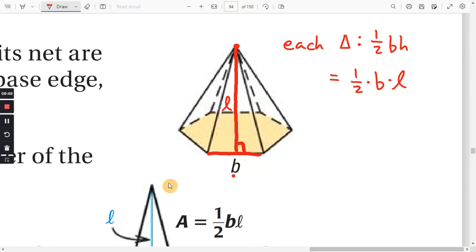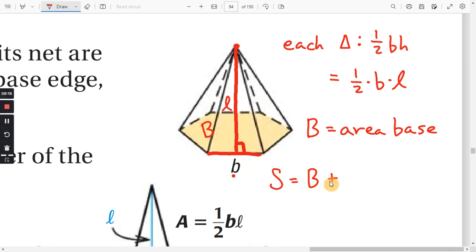So recall when we did prisms, we called the area of the base capital B. Okay, so capital B is just going to be the area of the base. And if we wanted to find the surface area, we would do the area of the base, which is capital B, plus the area of all these triangles.